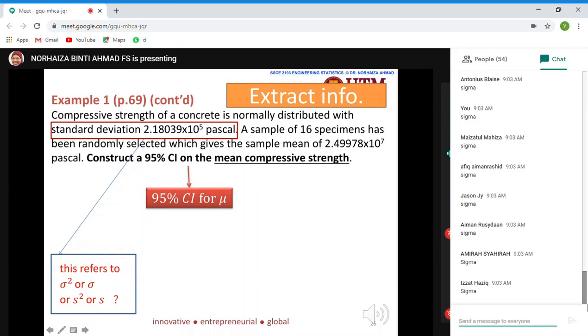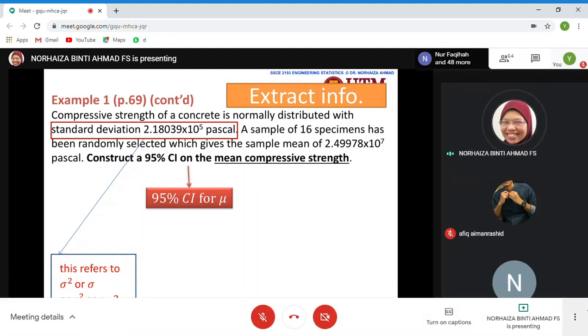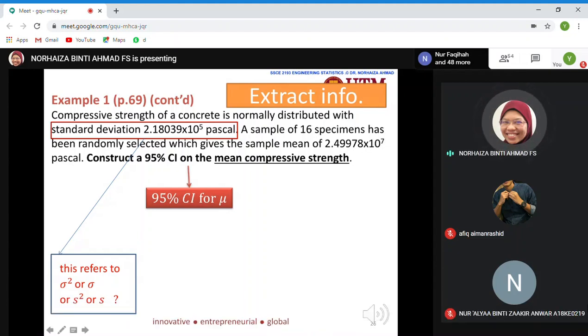So the sample mean is coming from the 16 specimens. Since you have the observations for all of the 16 specimens, you can also find the sample standard deviation. But you're not going to use that because you already know the population standard deviation, so we don't need to use the sample standard deviation.